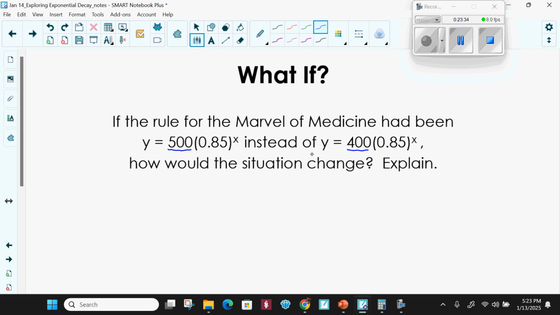So that means that in this equation with the 500, our numbers are going to be larger each hour than the previous one. So we'd have more medicine each hour because we started with more.